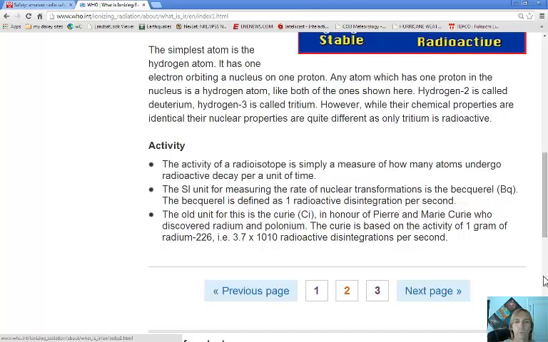The old unit for this is the curie, Ci, in honor of Pierre and Marie Curie, who discovered radium and polonium. The curie is based on the activity of 1 gram of radium-226, i.e. 3.7 times 10^10 radioactive disintegrations per second.